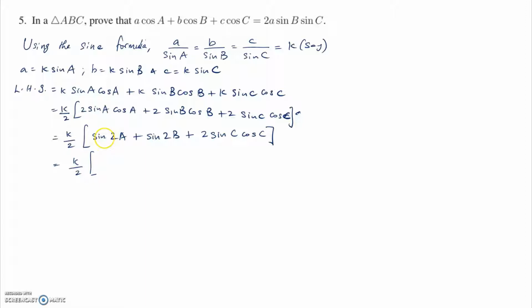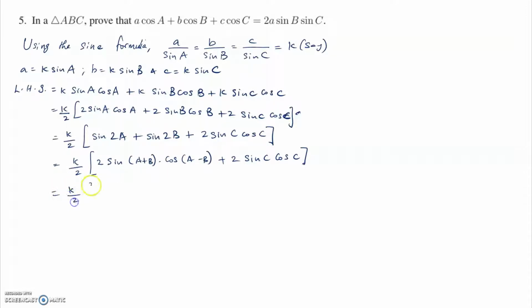Now, sin 2A plus sin 2B is nothing but 2 times sin A plus B into cos A minus B, using the formulas that we have learnt in the previous chapters, plus 2 sin C cos C, which we leave as it is.